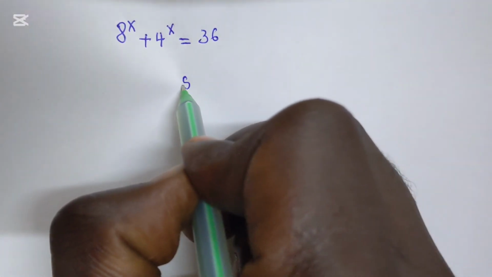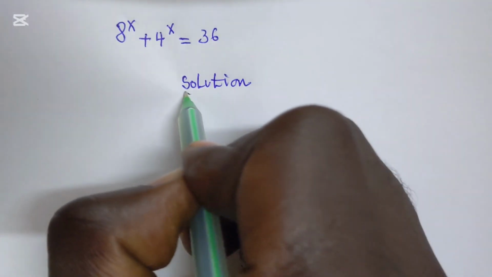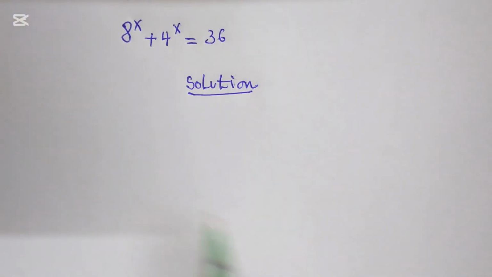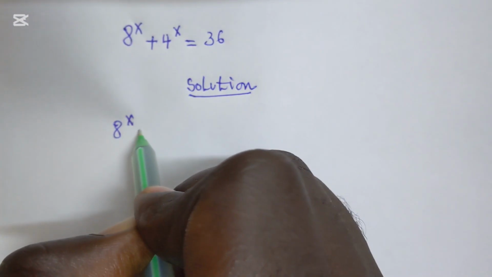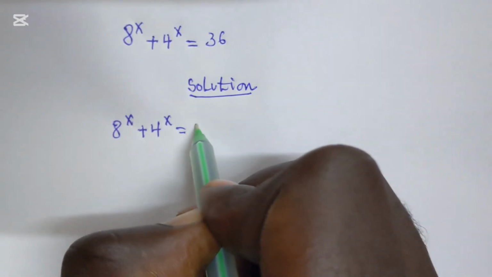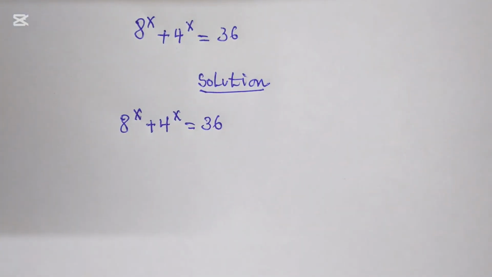Let's provide the solution. Very quickly, here we are given 8 power x plus 4 power x equals 36.